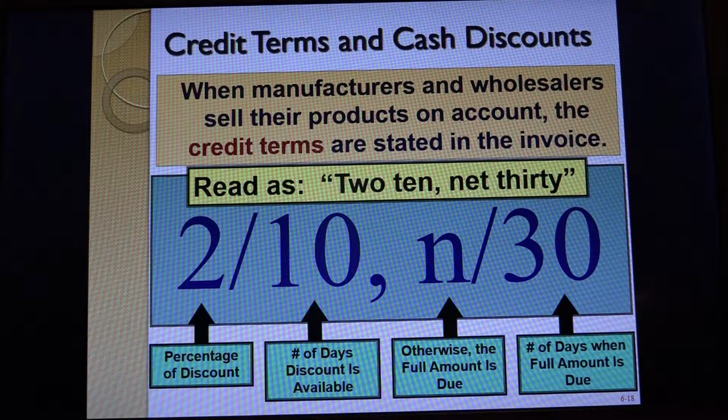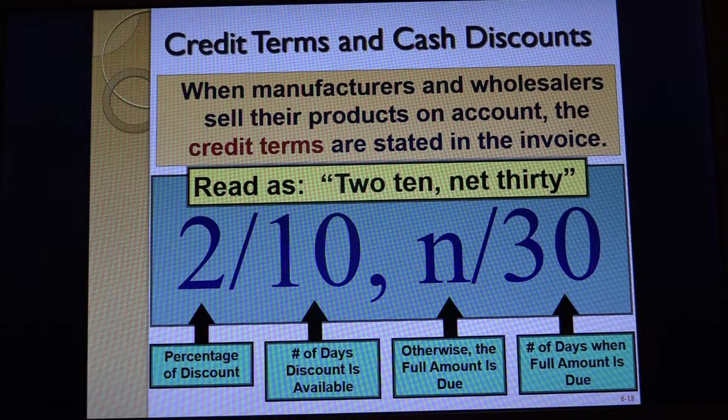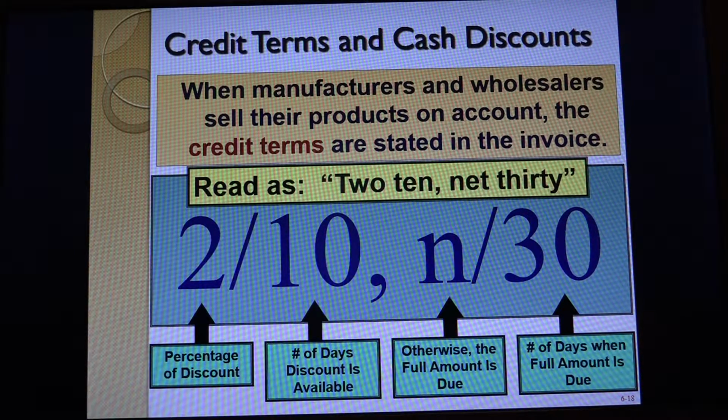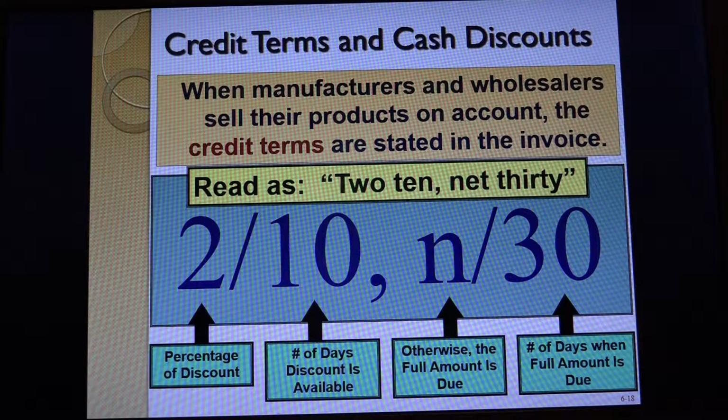And so what we have here are those terms. Here the terms are 2/10, N30. Well, what does that mean? Well, if you ask somebody what are the credit terms, they're going to tell you 2/10 net 30. Okay, what does that mean?